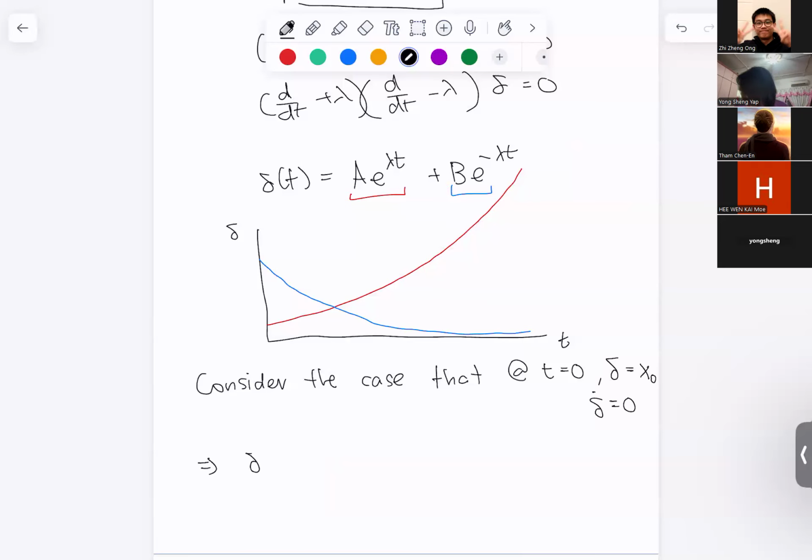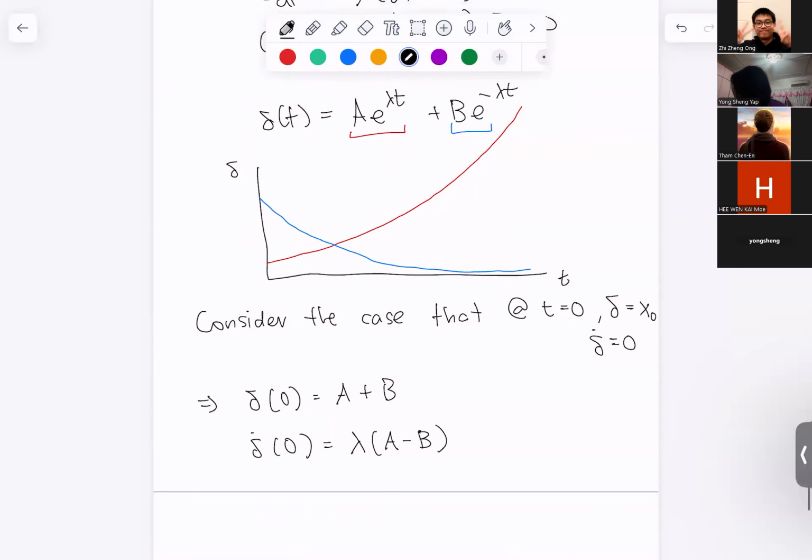What you get is delta at t equals zero is equal to a plus b, and delta dot at time equals zero is equal to lambda times a minus b. This basically tells you that a equals b.